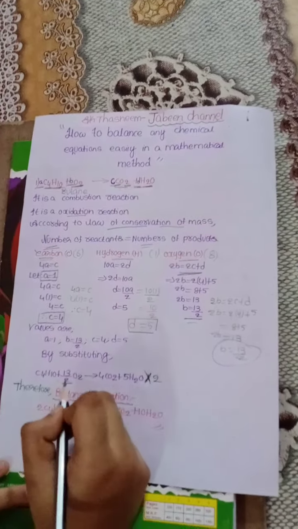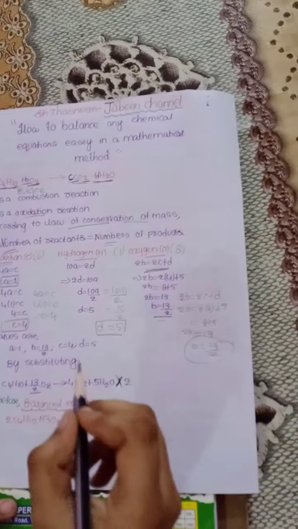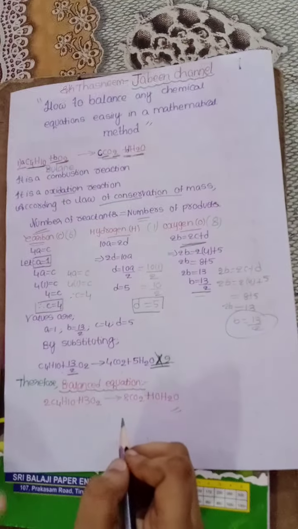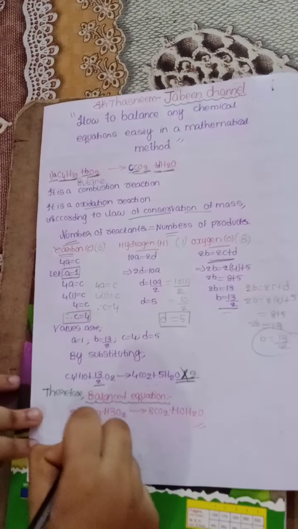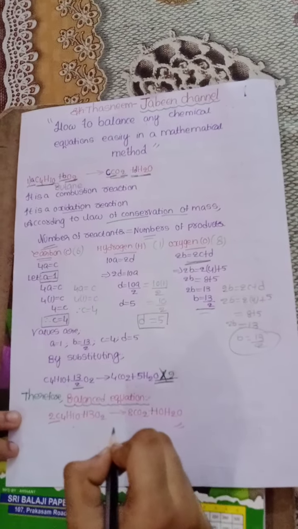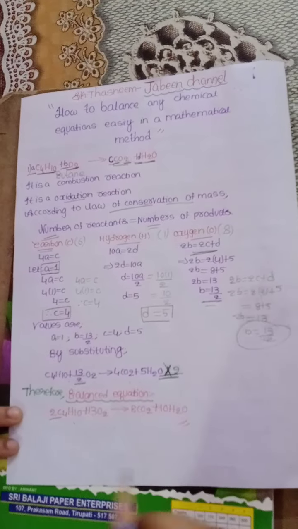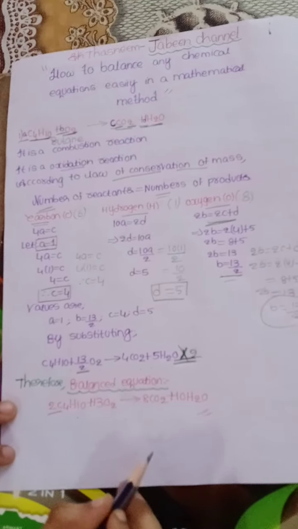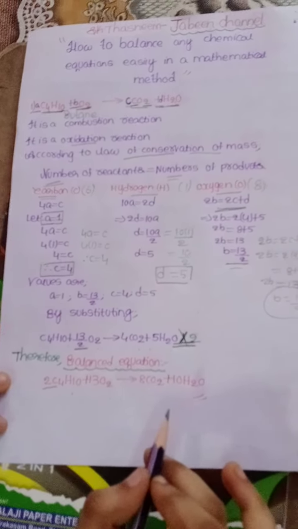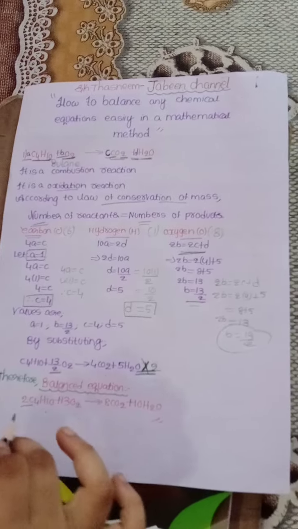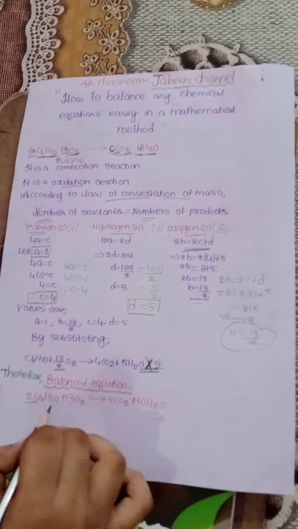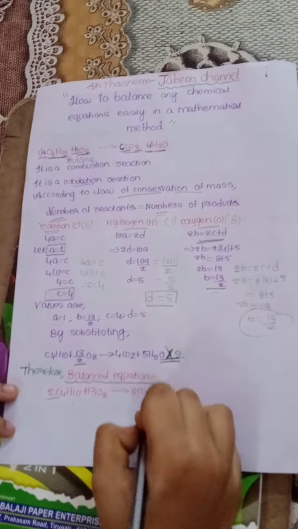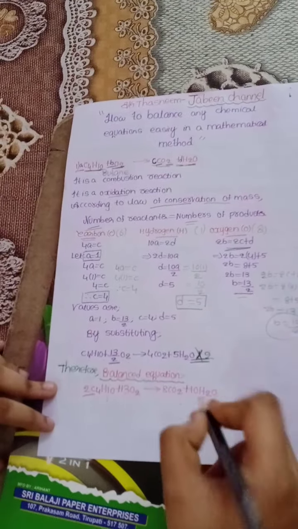The denominator is 2, so if we multiply the whole equation by 2, we get the balanced equation: 2 moles of butane plus 13 moles of oxygen gives rise to 8 moles of carbon dioxide plus 10 moles of water.